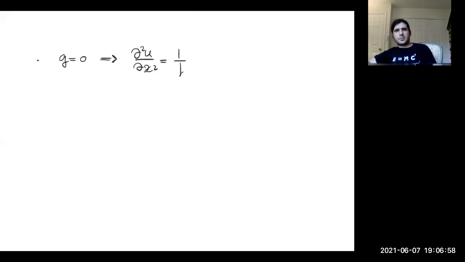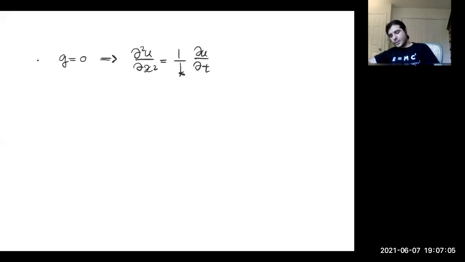So one simplifying assumption to start to work with is that let's assume this generation factor g is equal to 0. So in that case, we would have this equation. The second derivative of u with respect to x is equal to 1 over k, just a constant, times partial derivative of u with respect to t.